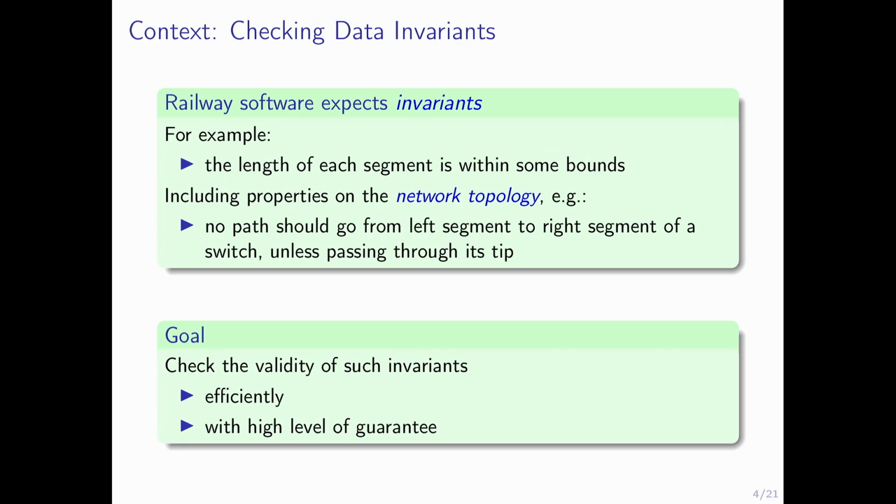We were asked by our collaborators from Mitsubishi to find a way of checking this invariant, with 2 main goals in mind: it should be efficient, but it should come with a high level of guarantee. That's what we wanted to work on.